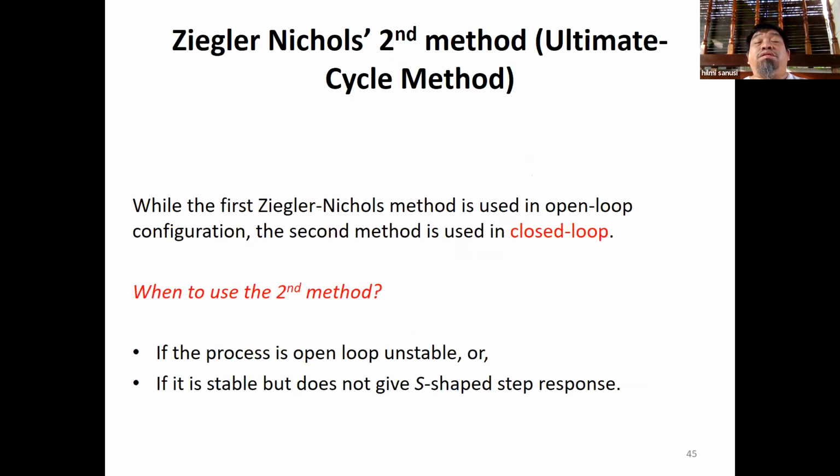Ziegler-Nichols second method, this is ultimate cycle. So dia punya tuning dia slightly simpler. So first method use open loop. Second method, use closed loop.